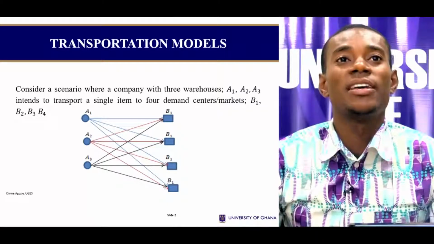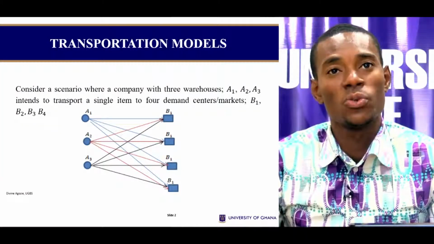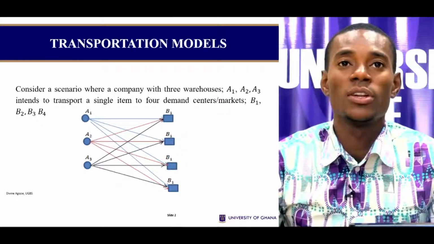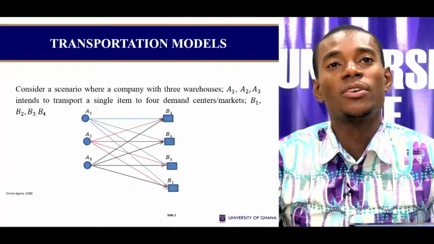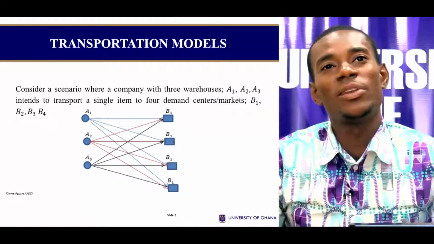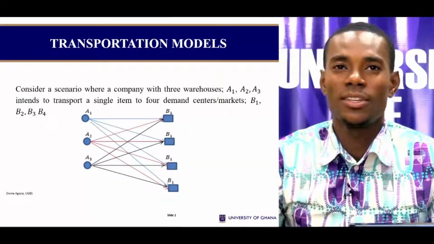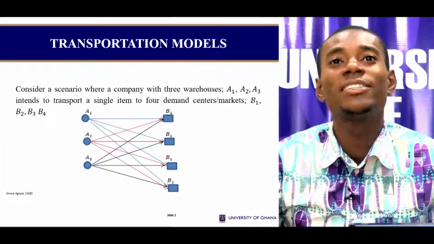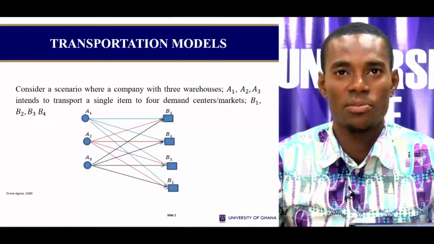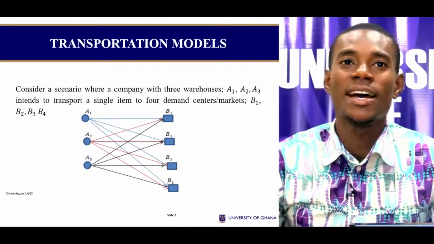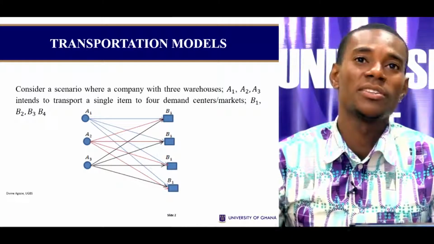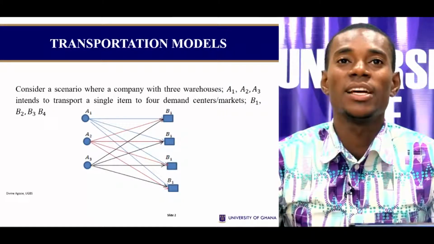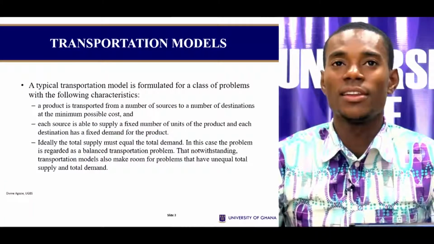In the same way, from source A2 we can also move to B1, B2, B3, B4, and it goes on like that. You do not necessarily have to supply all the destinations from one source. We want to look at how we achieve this kind of movement in the least possible manner. This is just a pictorial view of what transportation is about. Here we could be looking at cost, distance and other things.